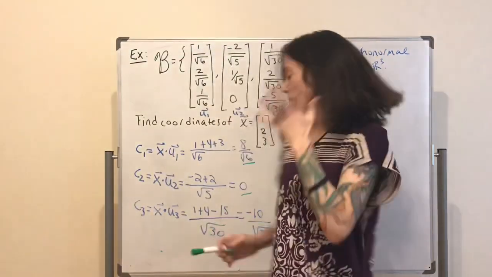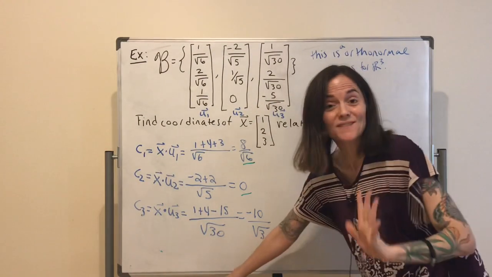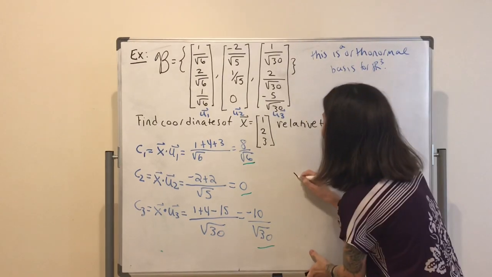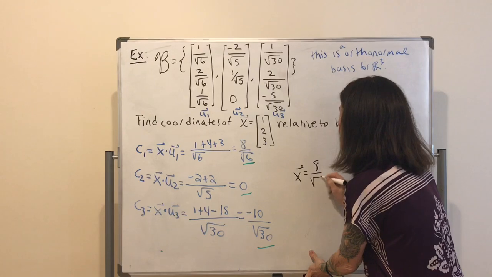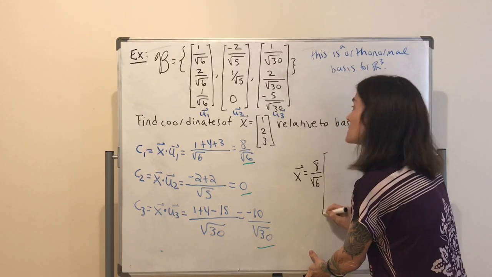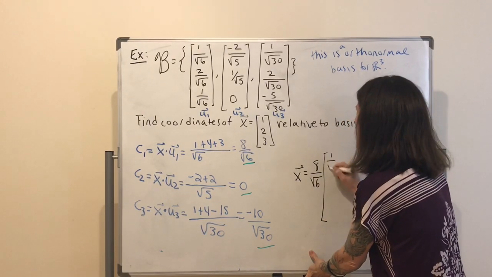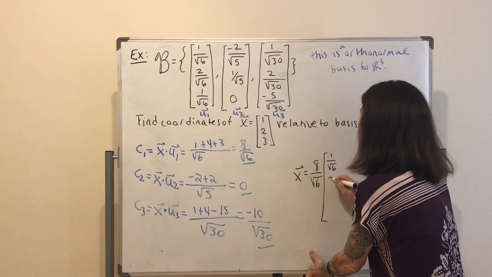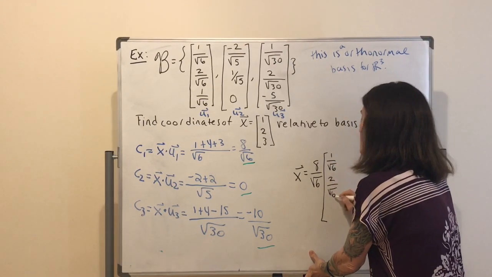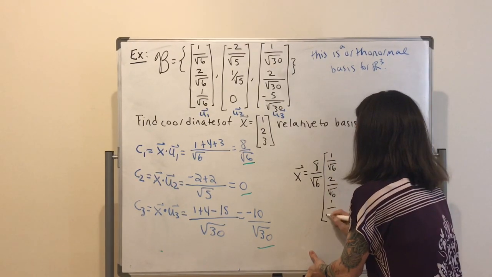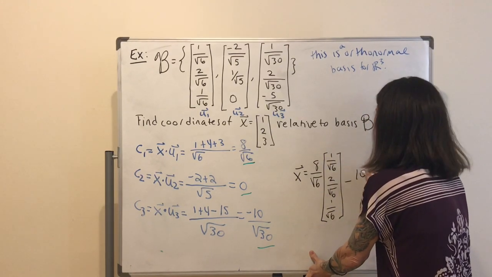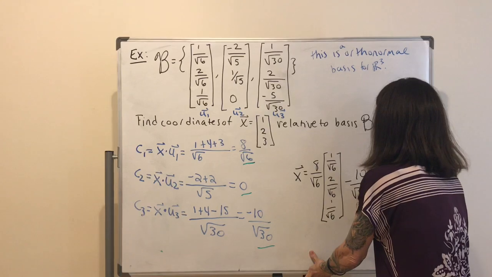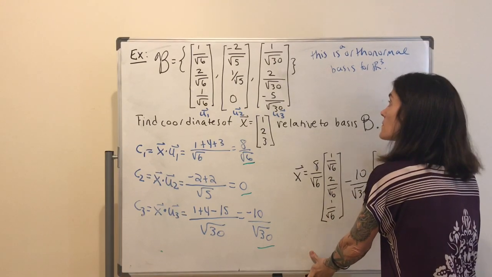Maybe I'll just write as a final observation here that x is equal to 8 over the square root of 6 times this first vector. And then minus 10 over the square root of 30 times this third vector.